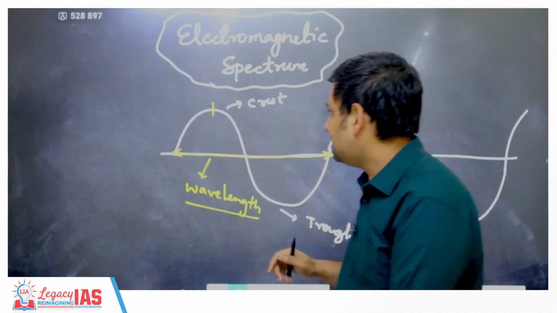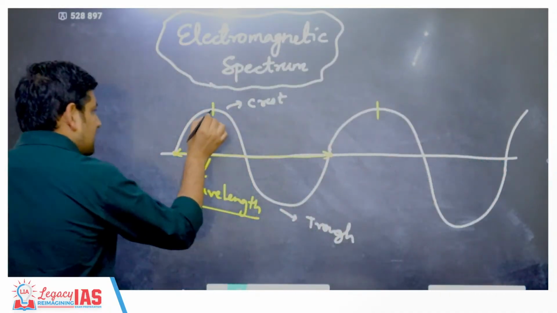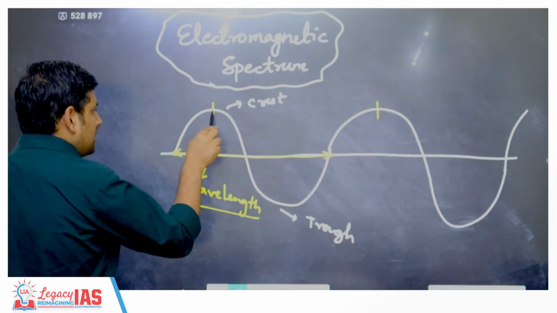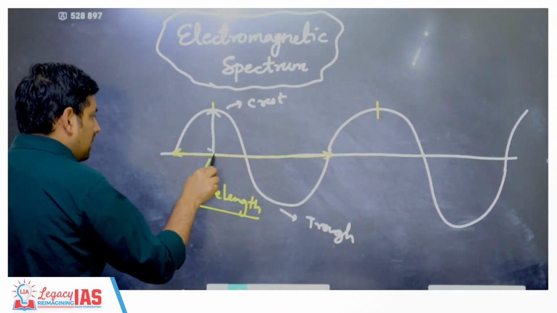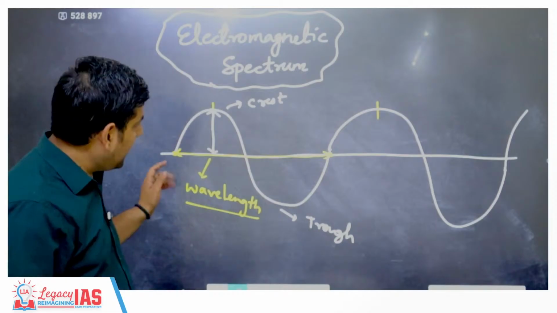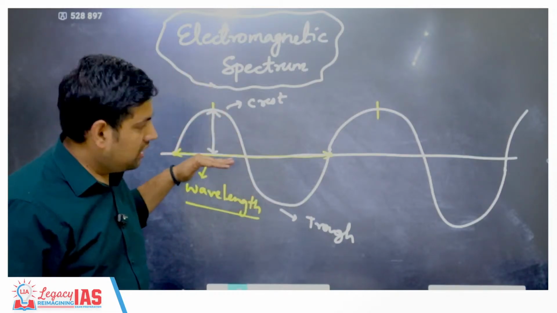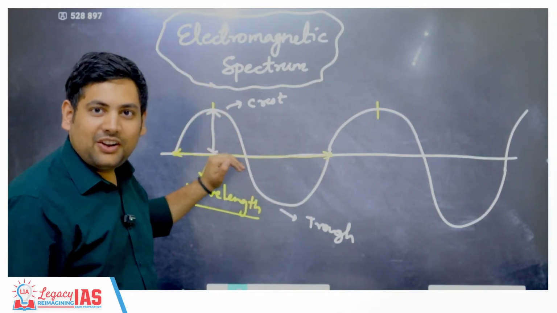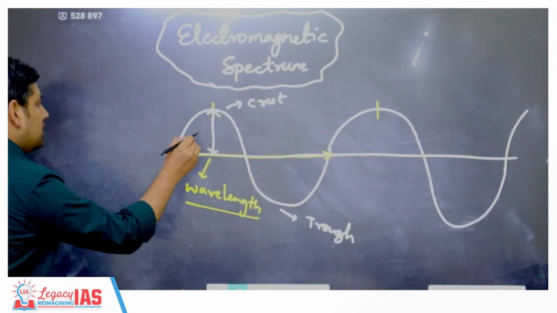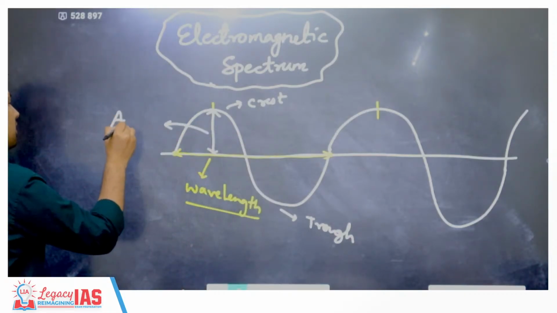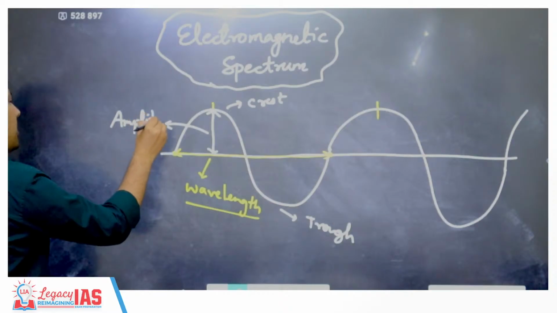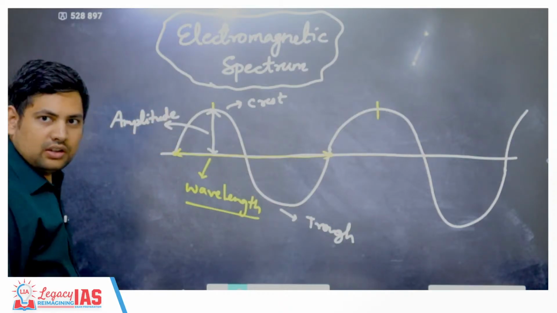Then understand this. The maximum height that it reaches from the midline, or from the axis, is called amplitude. Fine.